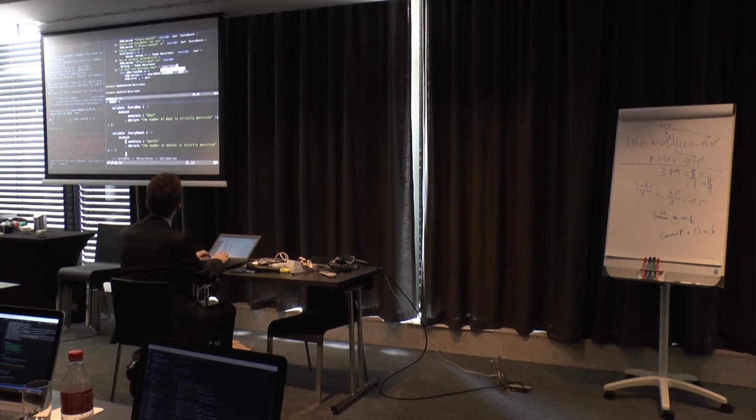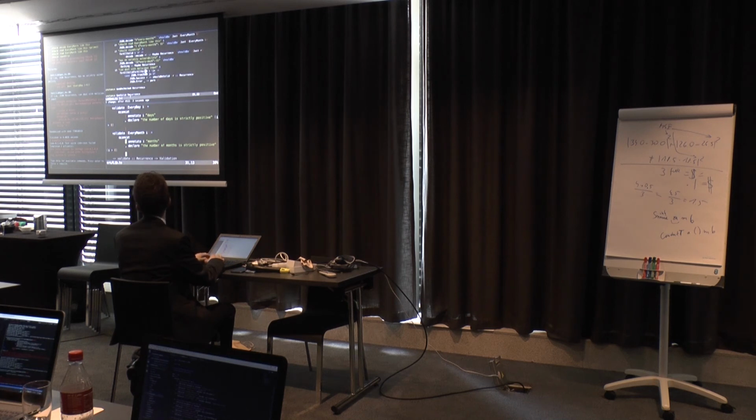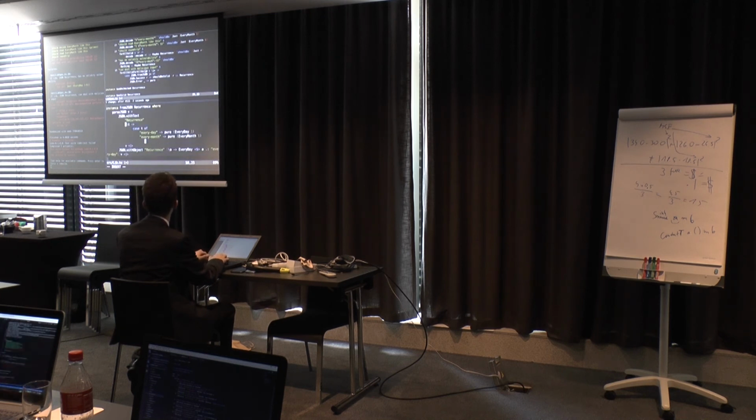And now, how do we get this JSON value? We say for all valid and pull a JSON value out of that. That's the case here.